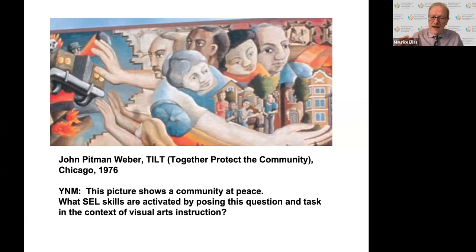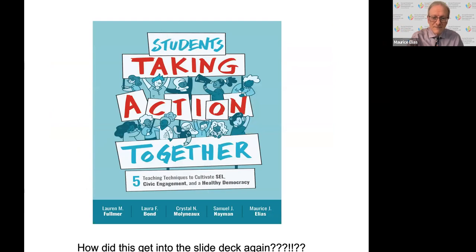And just think about all the SEL skills that are activated by posing the question and having the kids do the yes, no, maybe. And of course, you wouldn't just show any picture at random. You'd be showing a picture or having a musical composition that they react to that is in the context of your existing curriculum. That's the key here. It's the pedagogy applied to the existing curriculum.